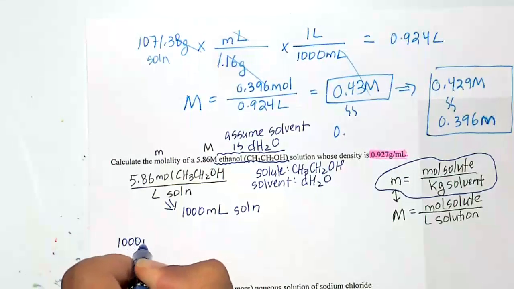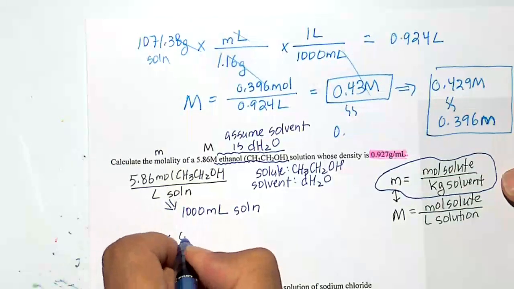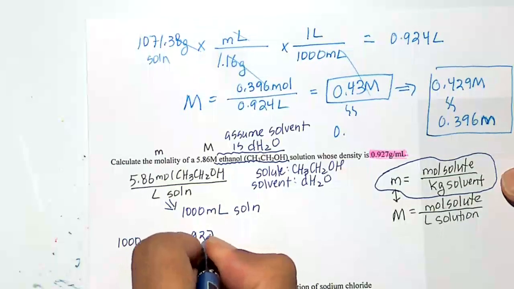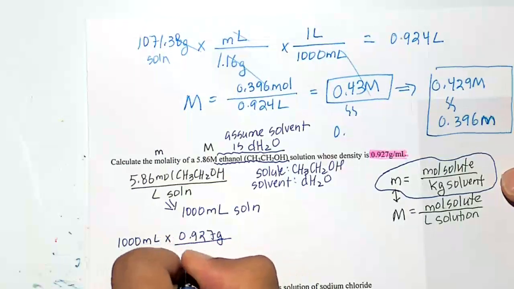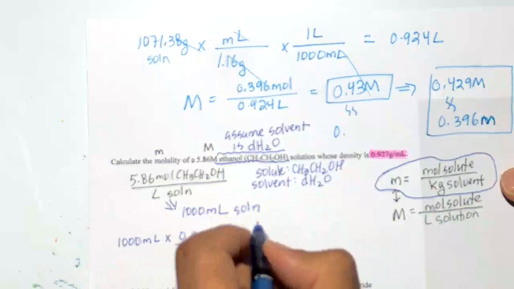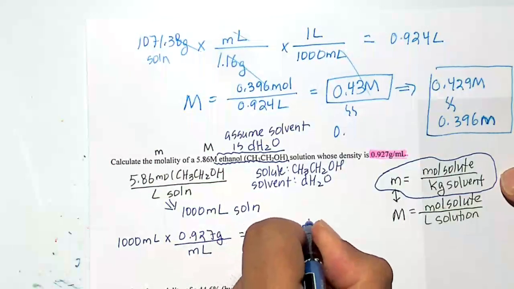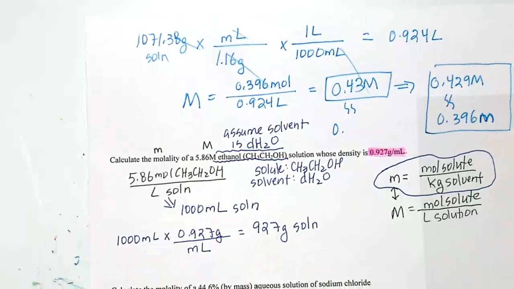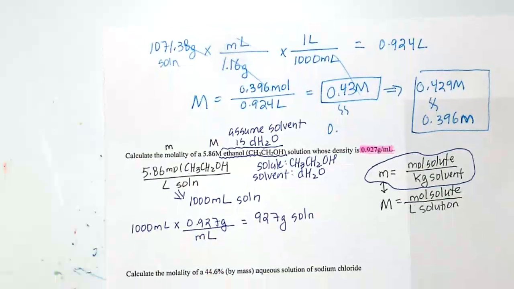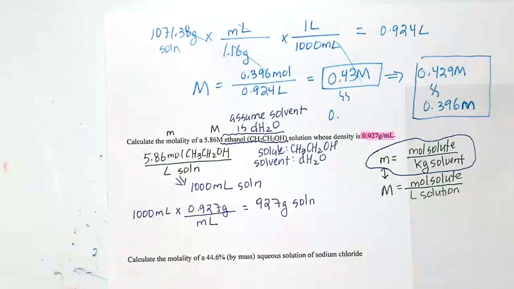Okay. So we have 1,000 mils. Let's multiply it by the density given to us in the problem. So this comes out to 927 grams of solution. All right.